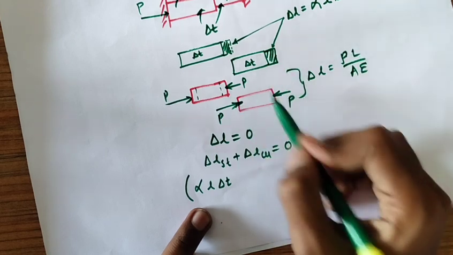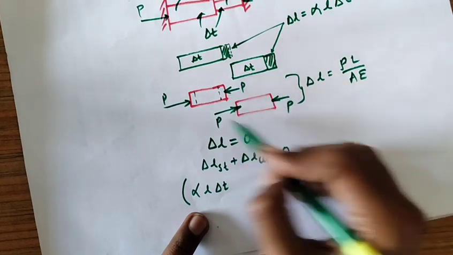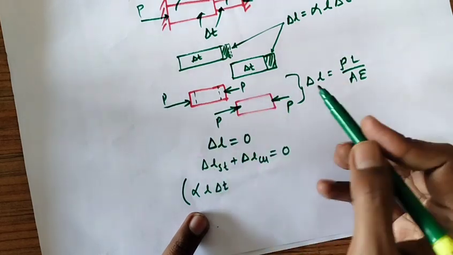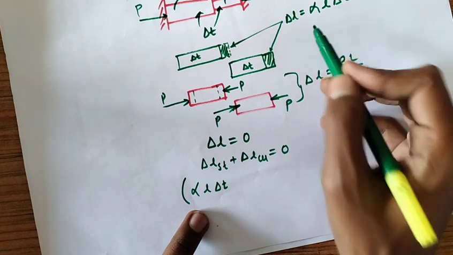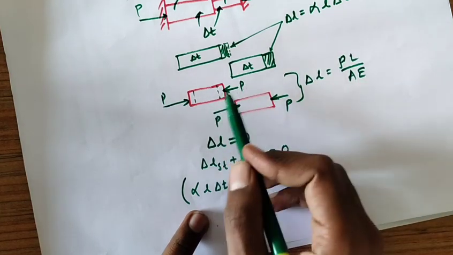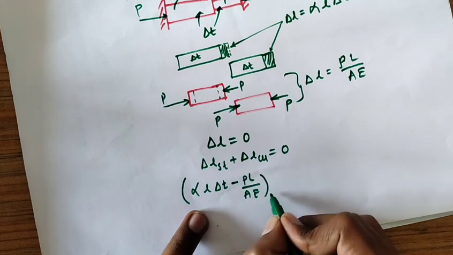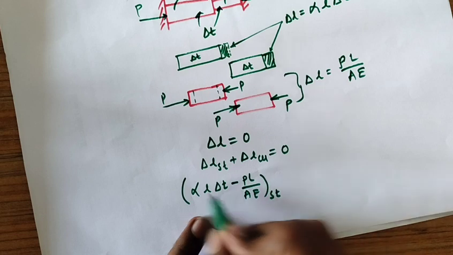So there are two types of change in length. One is due to temperature change, and one is due to this compressive force. For steel, this is alpha L delta T, minus PL upon AE of steel, because the force is compressive.